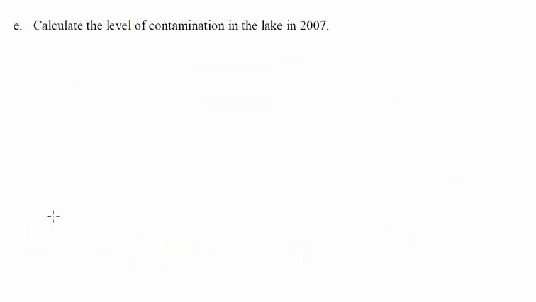Alright, now we want to calculate the level of contamination in 2007. So again, this would be an input value of t equals 7. There are a number of ways to do this.